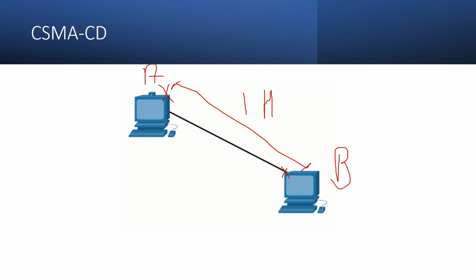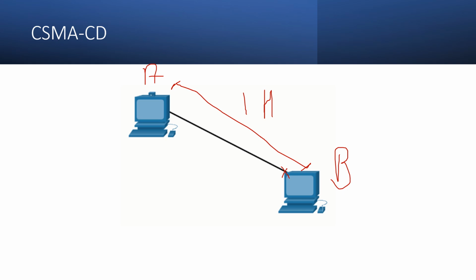It would not sense the collision if host A is still transmitting messages or data or frames. So to detect the collision, host A should be transmitting frames till the collision signal reaches A. That's why a formula is introduced: transmission time should be greater than or equal to 2 into propagation time.